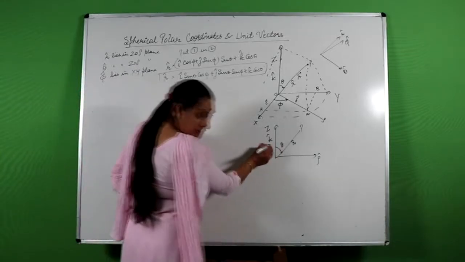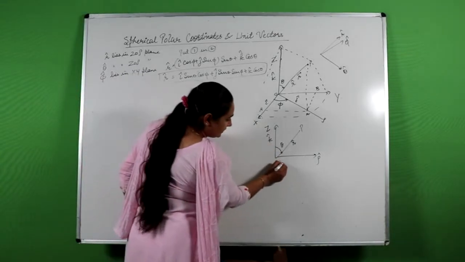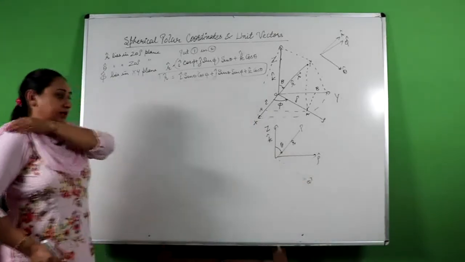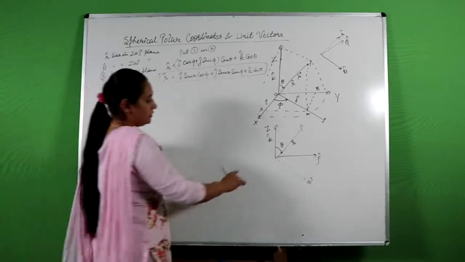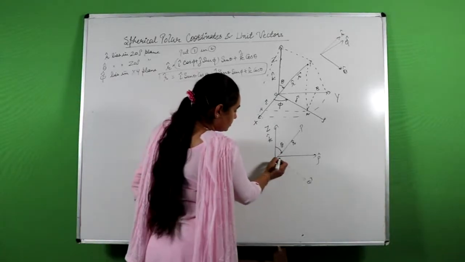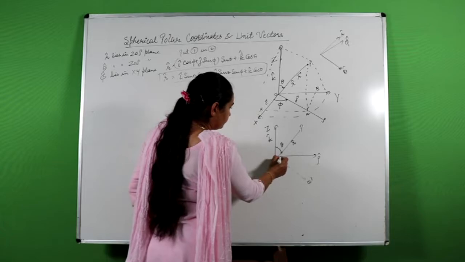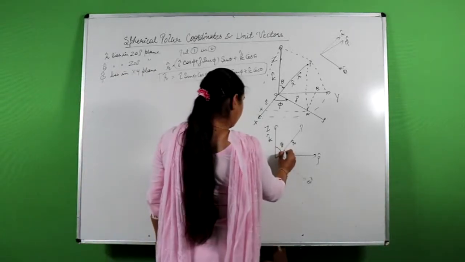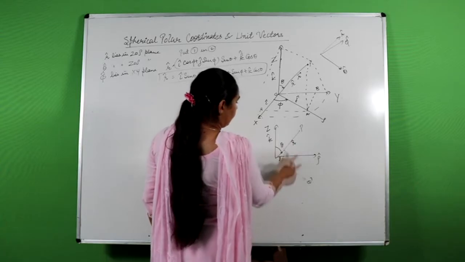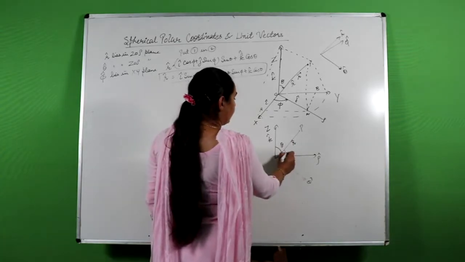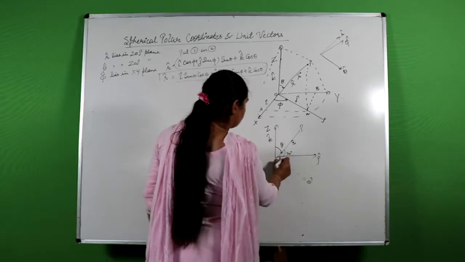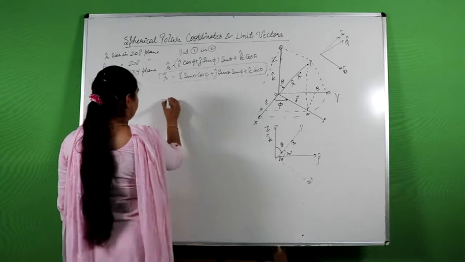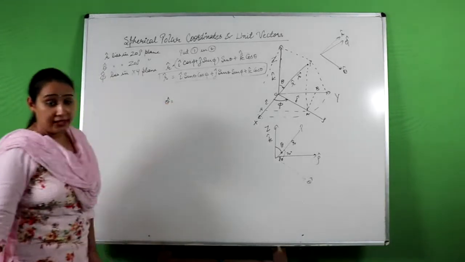So if my theta is increasing in this direction, my theta cap will also increase in this direction. So this angle will be my theta and this whole angle is 90 degrees, since r cap and theta cap are at 90 degrees to each other. So now what I need to find is the value of theta cap.